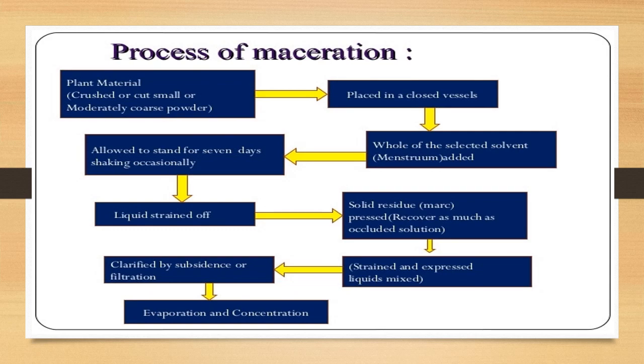Then allow it to stand for 7 days and shake occasionally. After the time period, the liquid is strained off from the vessel, the solid residue is pressed, and the expressed liquid is mixed and clarified by subsidence or filtration. The final step is the evaporation and concentration of the separated components.